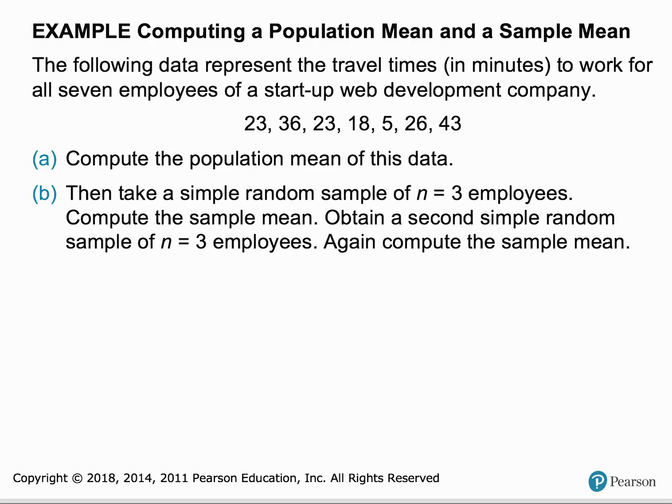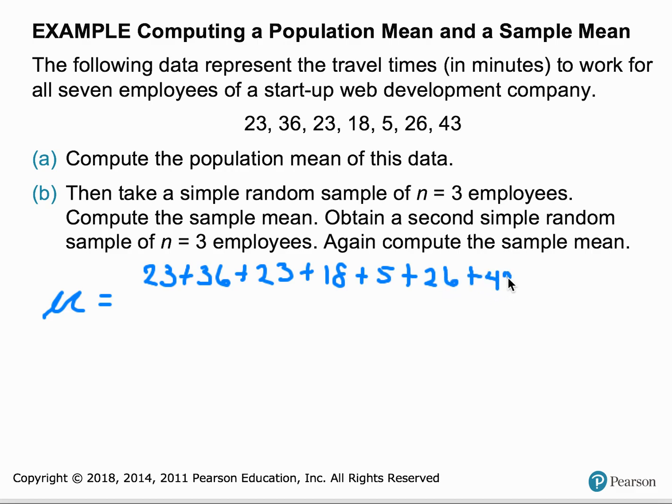So let me get a pen. If we're going to compute the mean, you just add them up: 23 plus 36 plus 23 plus 18 plus 5 plus 26 plus 43, and divide by how many there are: 1, 2, 3, 4, 5, 6, 7.